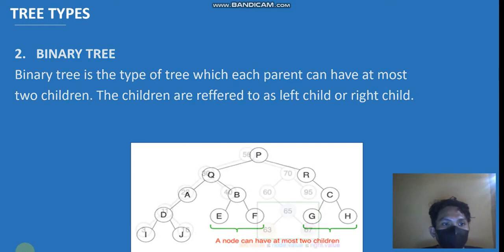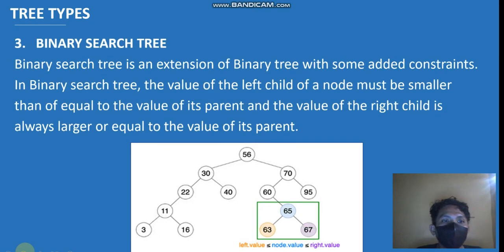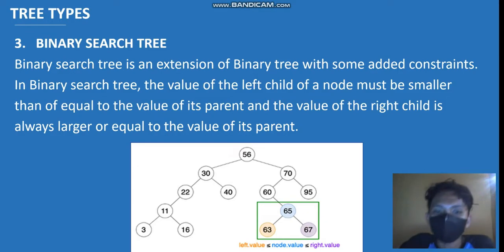So next, binary search tree. A binary search tree is an extension of a binary tree with some added constraints. In a binary search tree, the value of the left child of a node must be smaller than or equal to the value of its parent, and the value of the right child is always larger than or equal to the value of the parent.